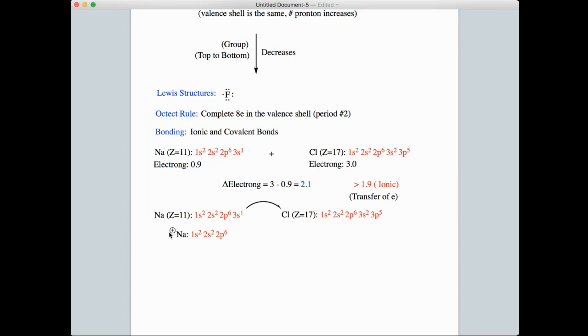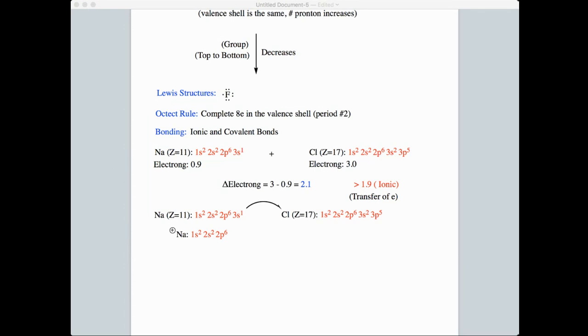So it loses one electron. And guys, I'm going to introduce another concept here. I'm going to type it in the chat. It's called formal charge. The formal charge is the charge of an atom in a molecular ion.